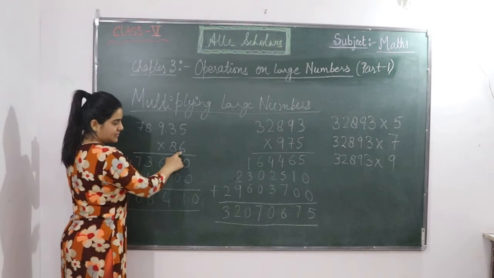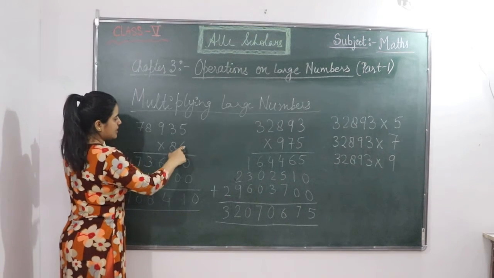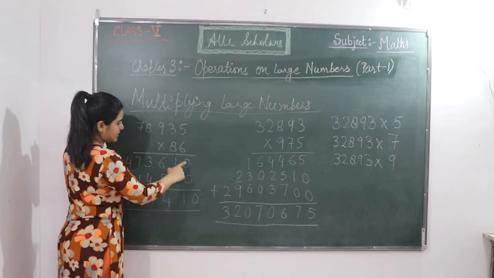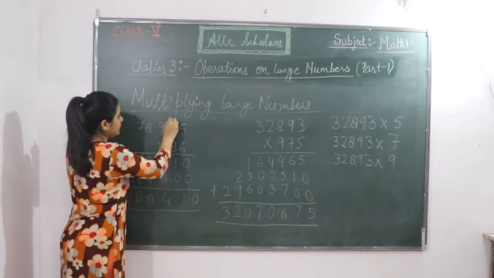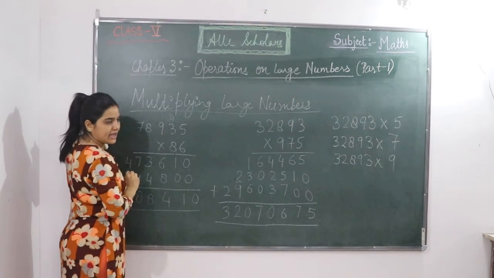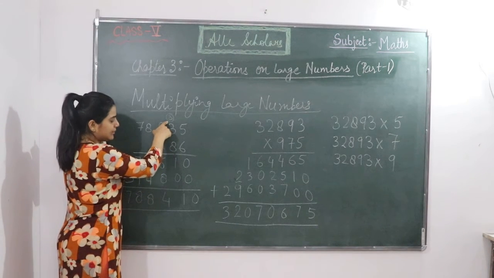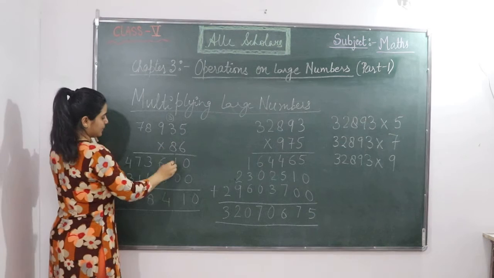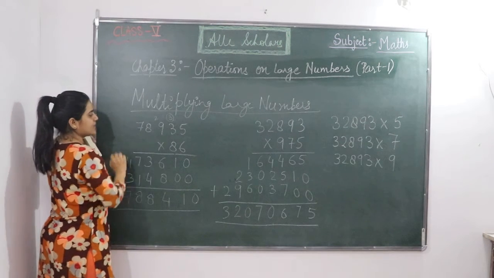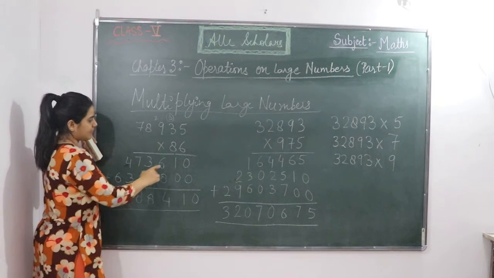First we will multiply all these numbers with 6. 6 5s are 30. 0 comes here, 3 goes as a carry. Now 6 3s are 18, 18 plus 3 is 21. 1 comes here, 2 goes as a carry.